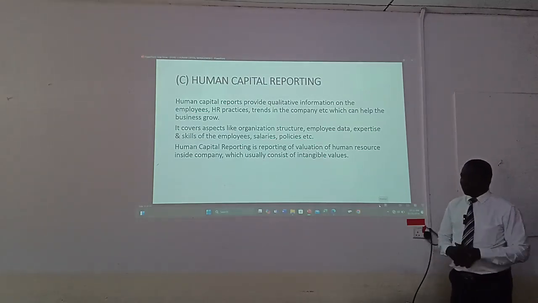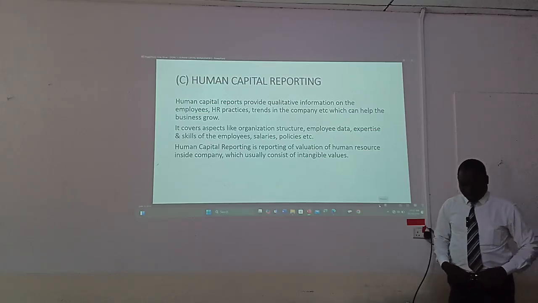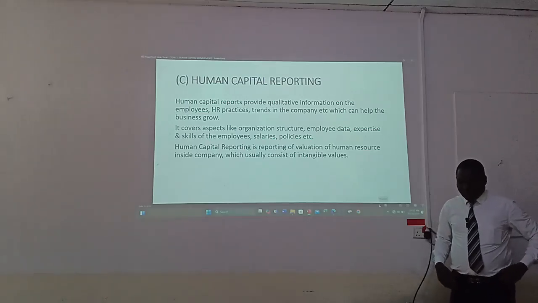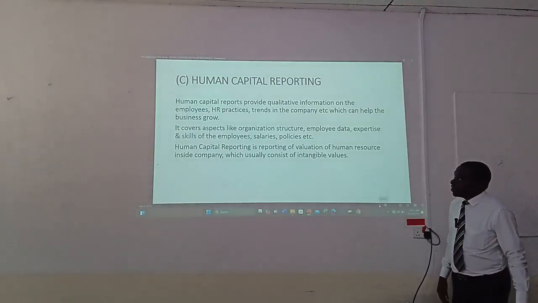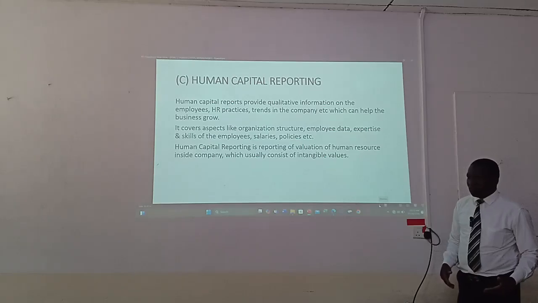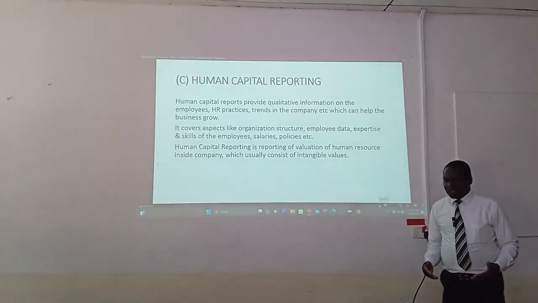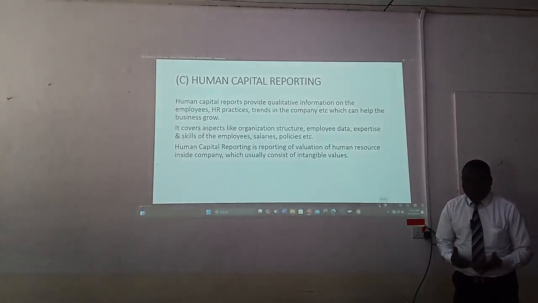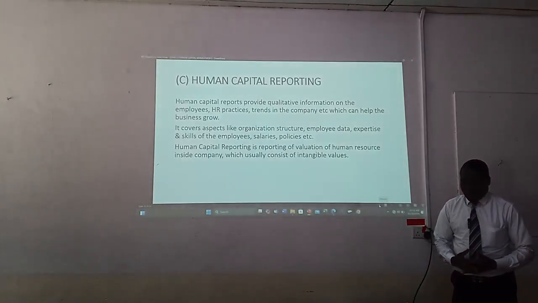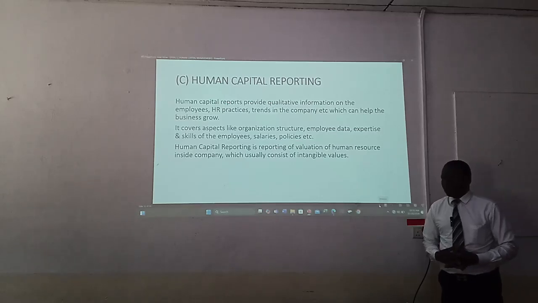So in the reporting, when you are reporting about human capital, you provide qualitative information. In other words, it is not mathematical as you were doing in the measurement, but now you are giving out qualitative information on the issues of employees.